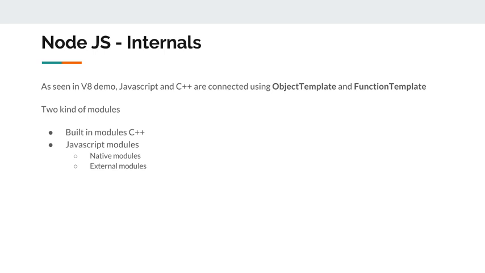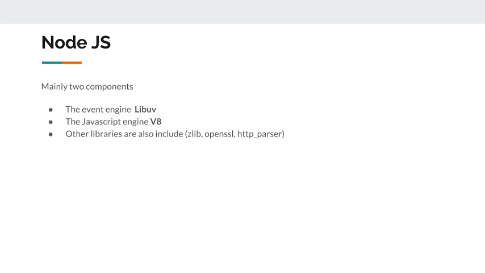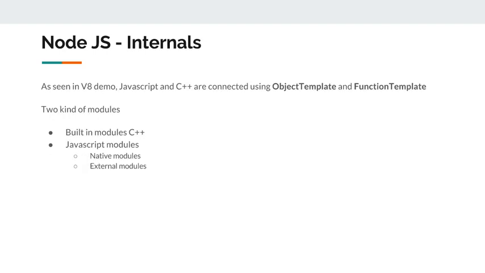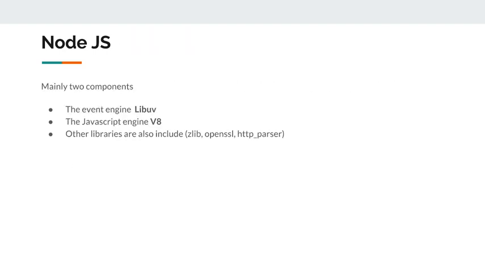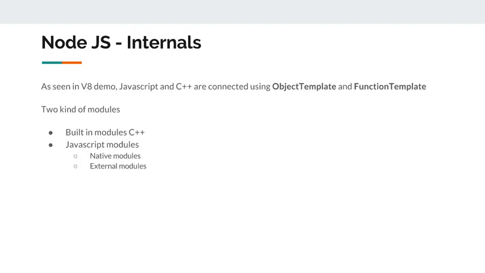Node.js operates in kind of modules. There are two kinds of module in Node.js. We have built-in modules which are in C++, like the ones available in libuv and OpenSSL, HTTP parser. You also have an exposition of those modules as public APIs, which are JavaScript modules.